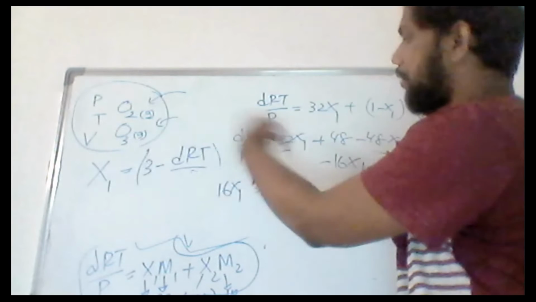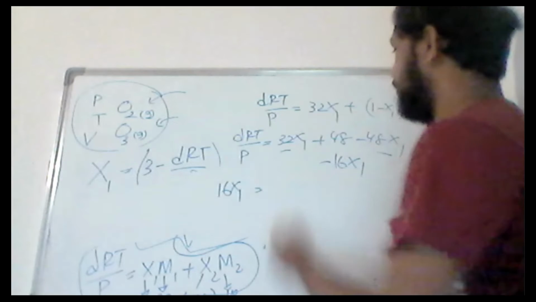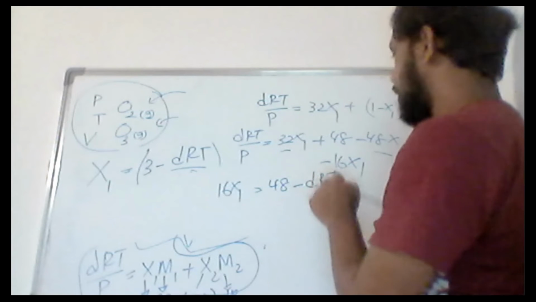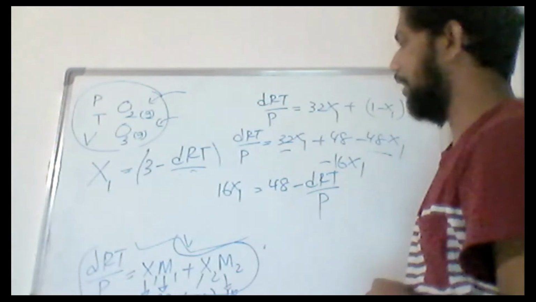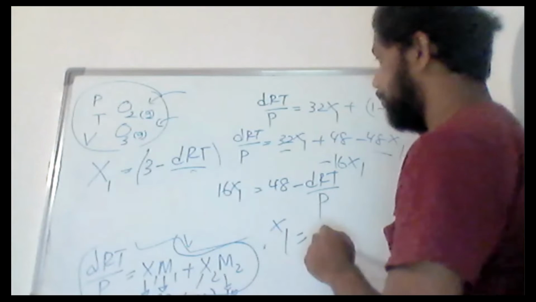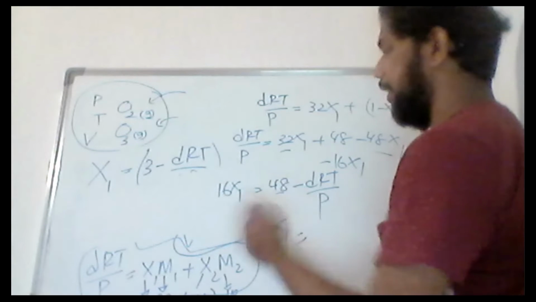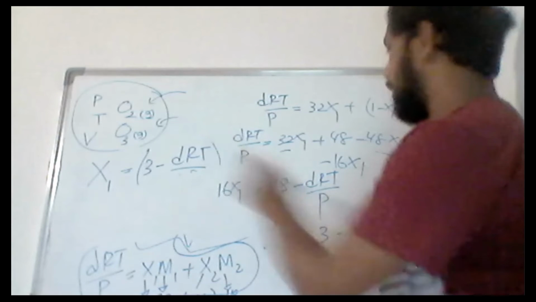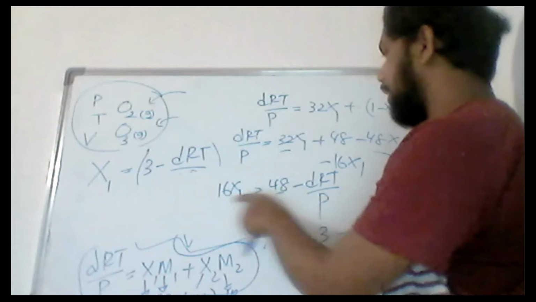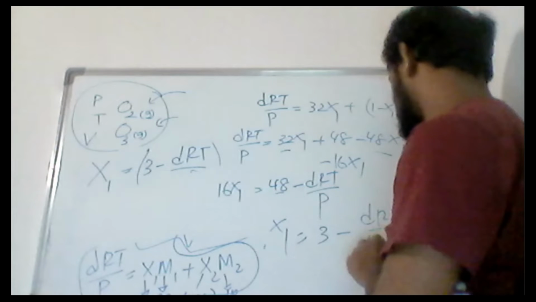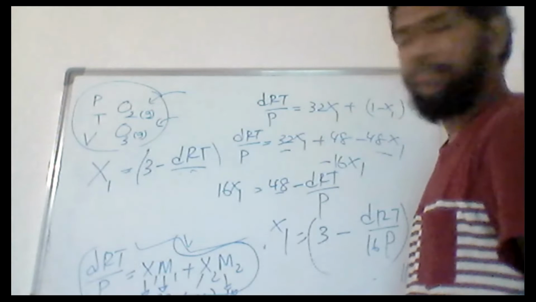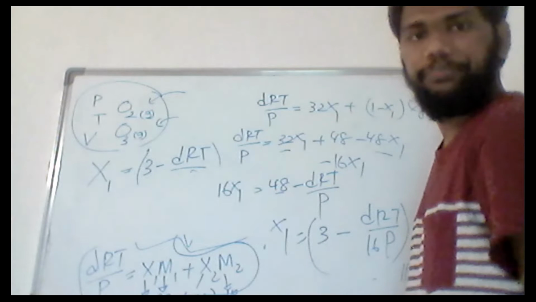You can take that to this side and take this to the other side, and it will be equal to 48 minus dRT over P. Then you can divide this by 16. So x1 will be equal to, if you divide 48 by 16, 3 minus dRT over P divided by 16, so there will be a coefficient 16 here. This is the final answer that you need to show.